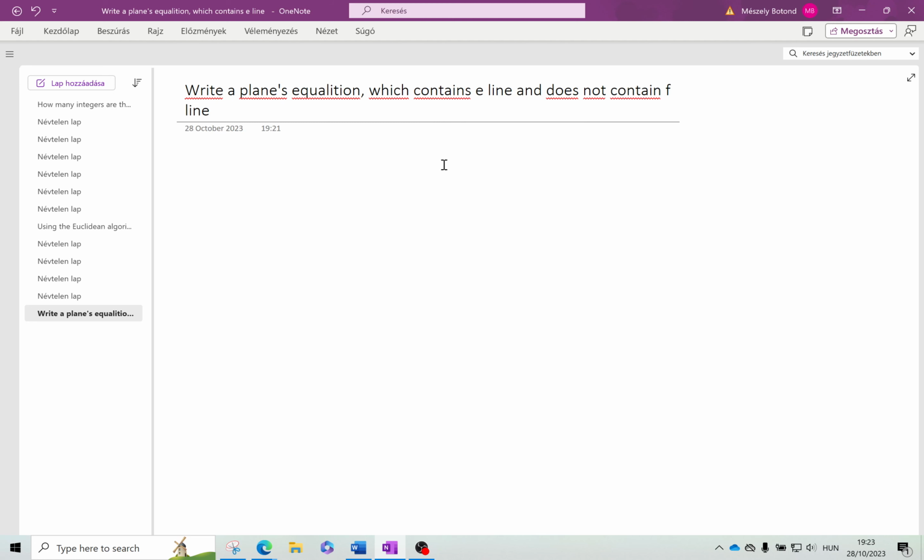So yeah, we need to find a plane's equation.